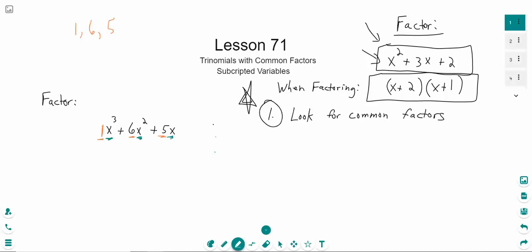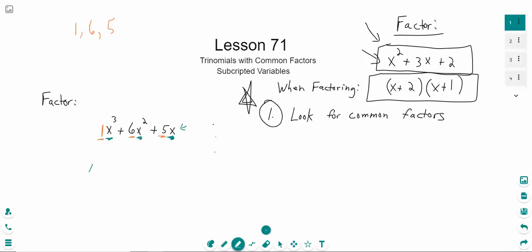Well, the most we could have that are common would be 1, because there's only one x right here. And because of that, this term is not going to have a factor of, let's say, x squared, for example. You could think of it as it can't fit into this term. Only x can fit into this term. There's only one x. So that means we can factor out one x and no more from these 3 terms.